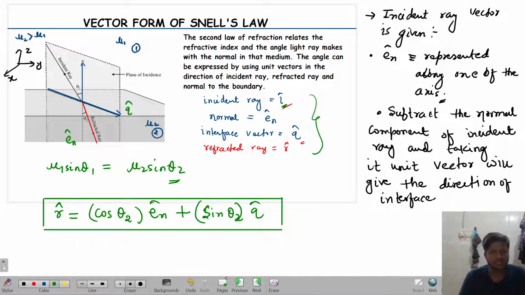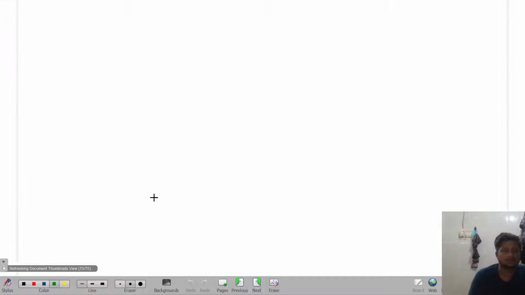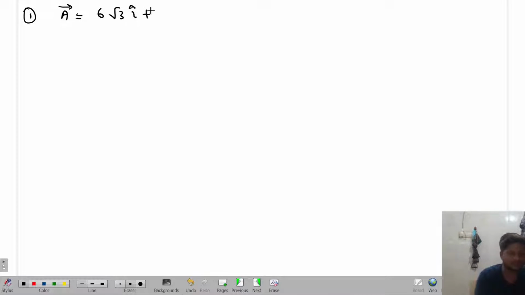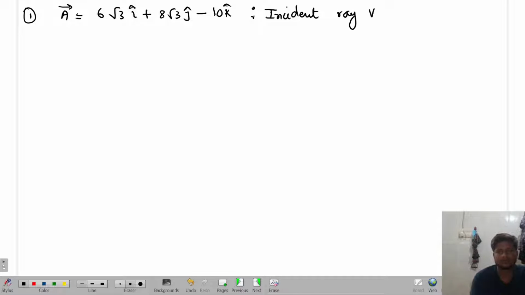Okay, so based upon this I'm trying to give you one question. Will you try, guys? So look over here. Let's suppose the incident ray vector is given. I'm not saying that the incident ray unit vector is given. The incident ray vector is given as 6 root 3 i cap plus 8 root 3 j cap minus 10 k cap. So this is the incident ray vector.